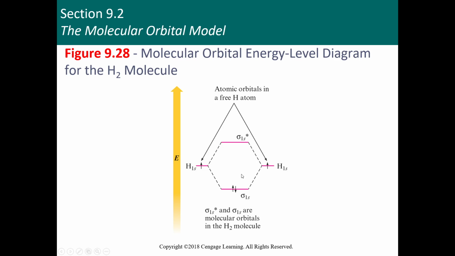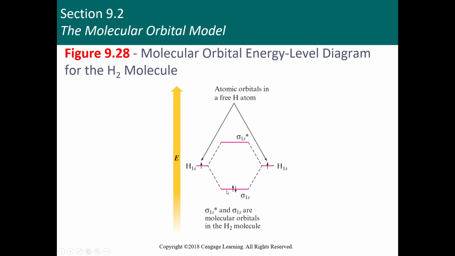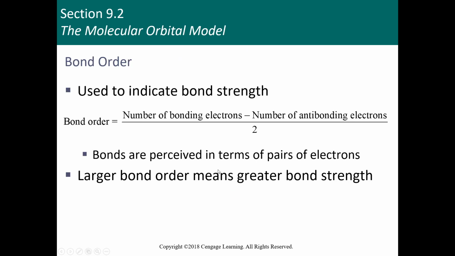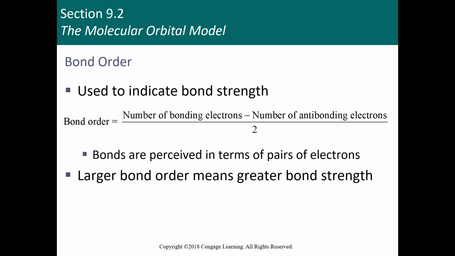And right there is how you get it: the number of bonding electrons, so the number of electrons in bonding orbitals, minus the number of antibonding electrons, the number of electrons, if any, that would be in antibonding orbitals. Each bond has 2 electrons in it, right? And so this number is going to have to be divided by 2 to give our bond order.